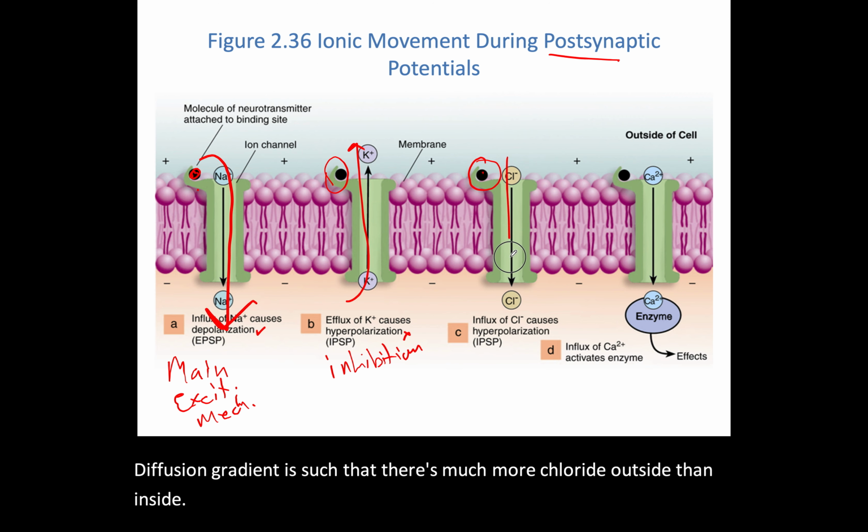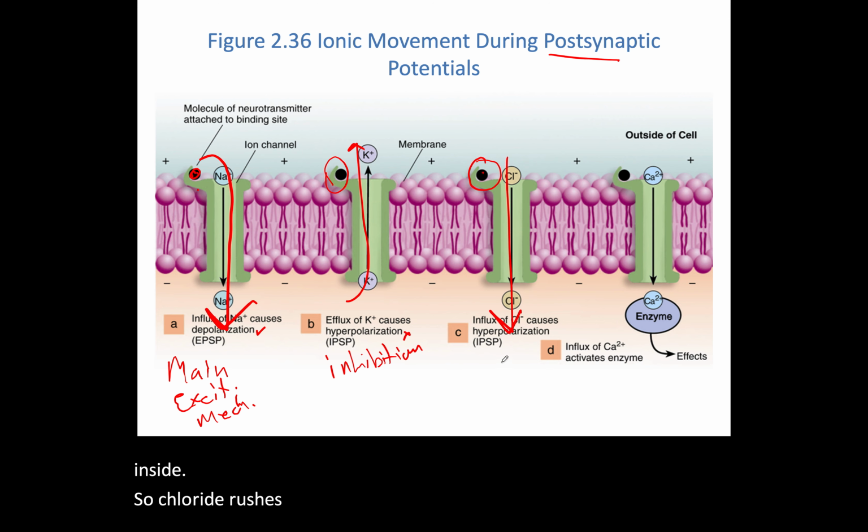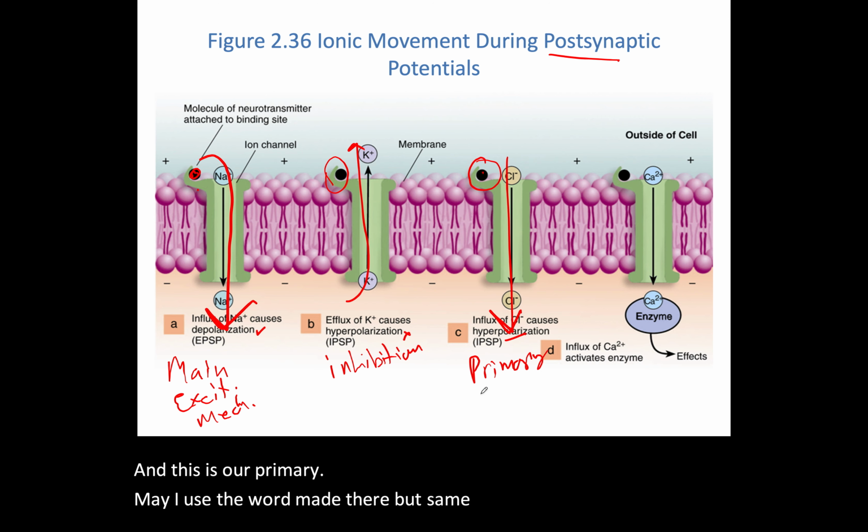So chloride rushes into the cell. And this again hyperpolarizes. And this is our primary, I used that word main there, but same idea, inhibitory.